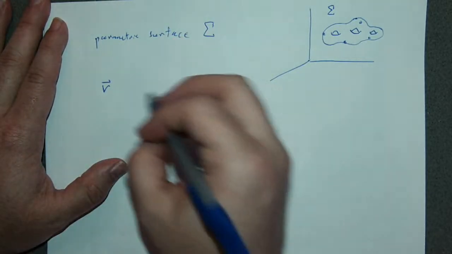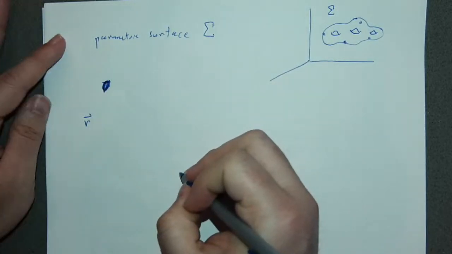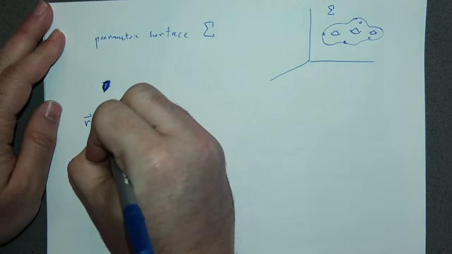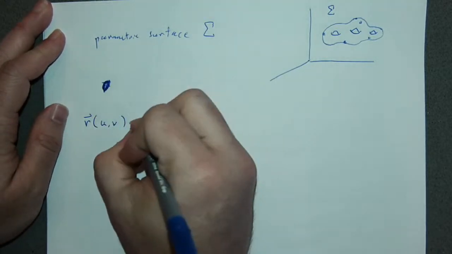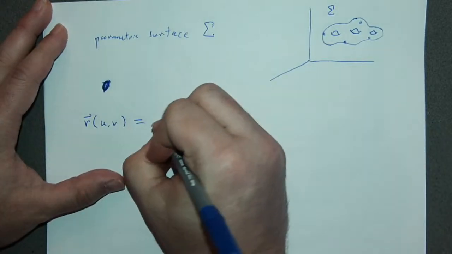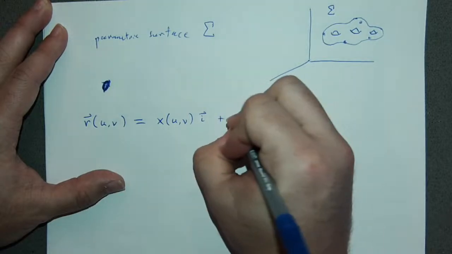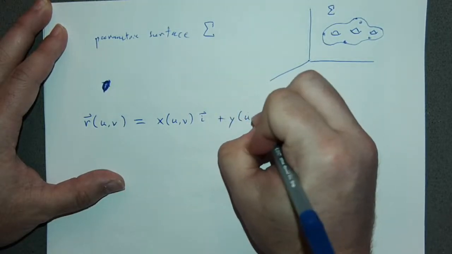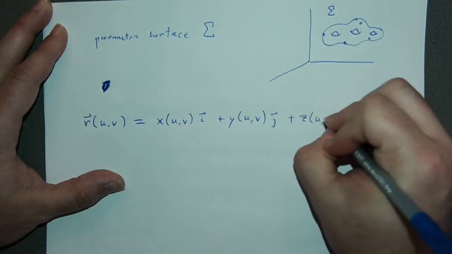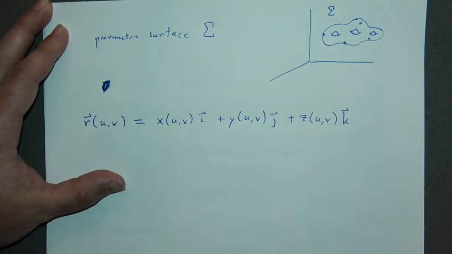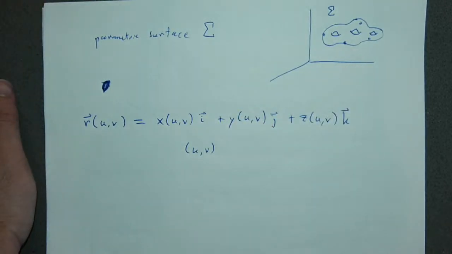So I have, maybe I'll write it down here to give myself room. So I have a parameterization r. I have parameters u, v, and this is x of u,v i plus y of u,v j plus z of u,v k, where u and v, those parameters, you have to tell me where they live.